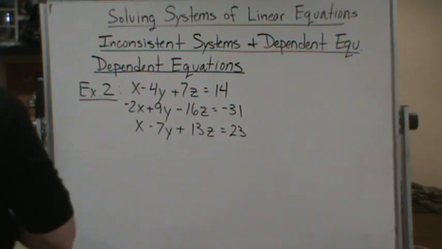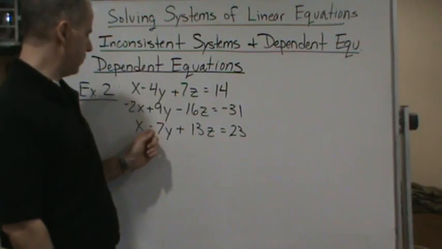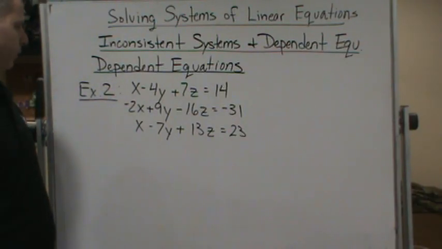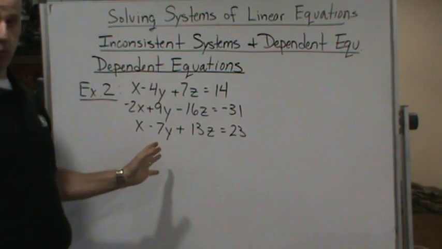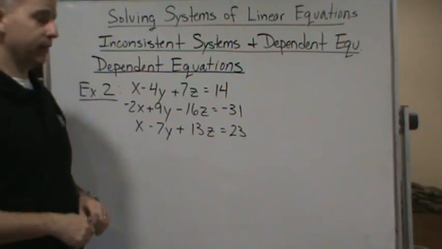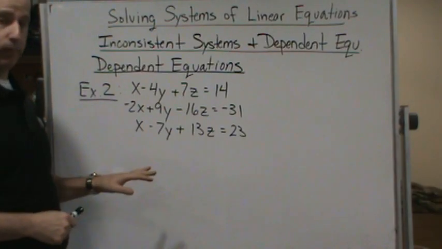All right, now we're going to look at another example here. In this case we have three equations in three variables. We're going to solve this one, and this is another example where we're going to get dependent equations, and then we'll talk more about that.